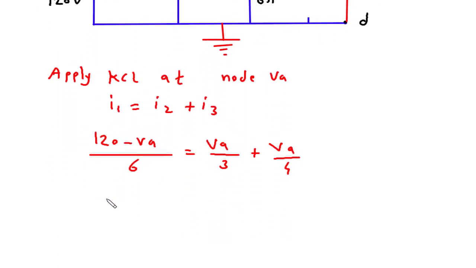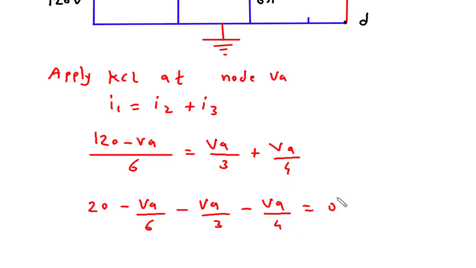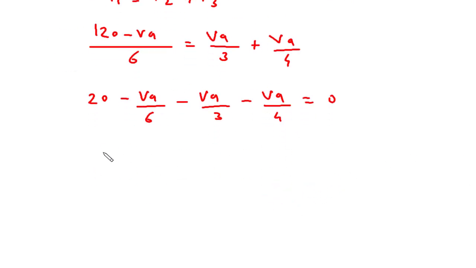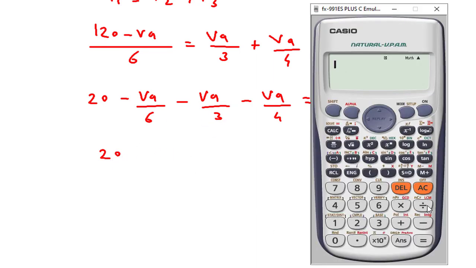Now this will be 20 minus VA by 6 minus VA by 3 minus VA by 4 is equal to 0. So 20 minus VA times (1 by 6 plus 1 by 3 plus 1 by 4).